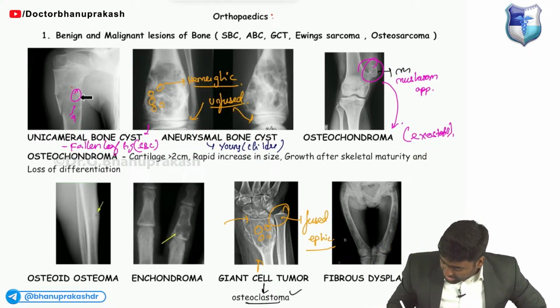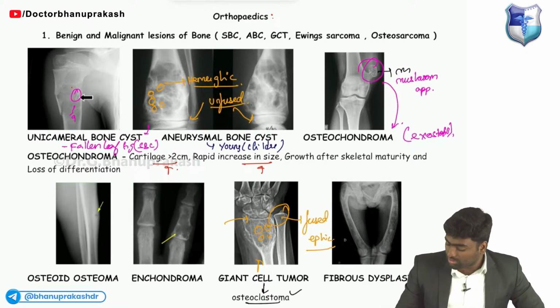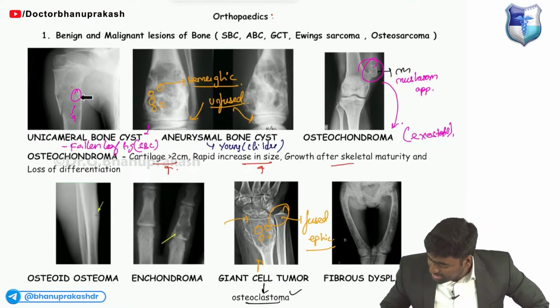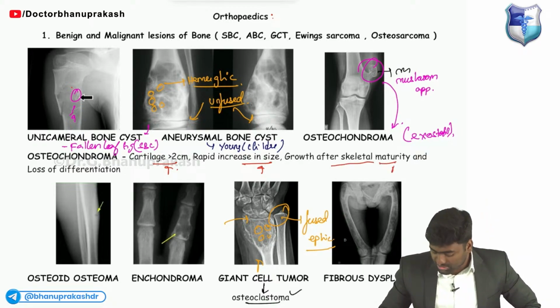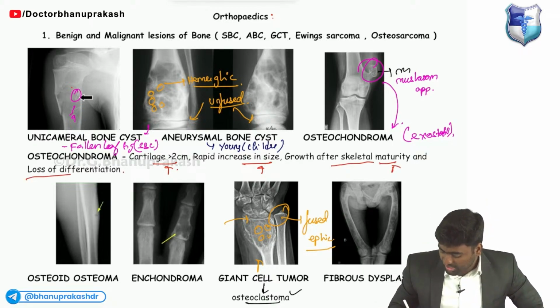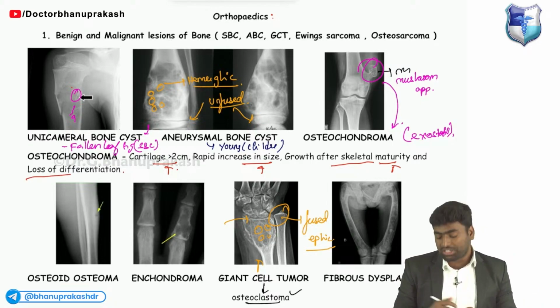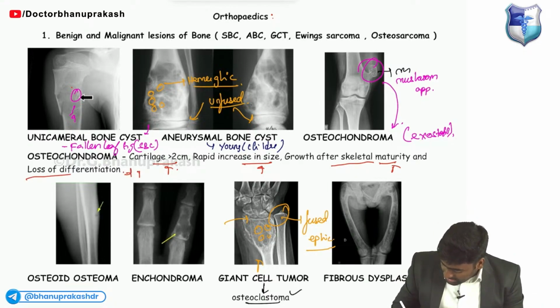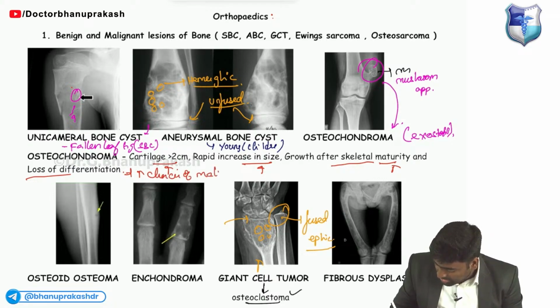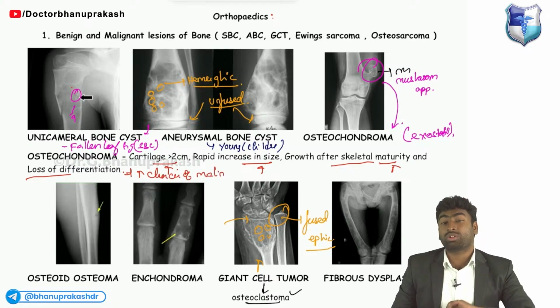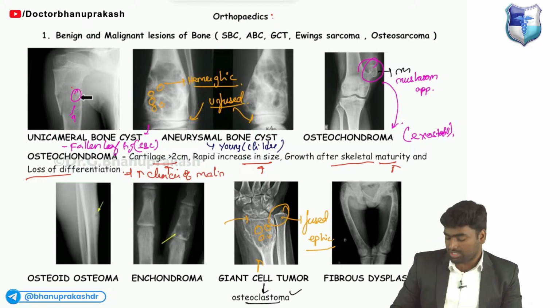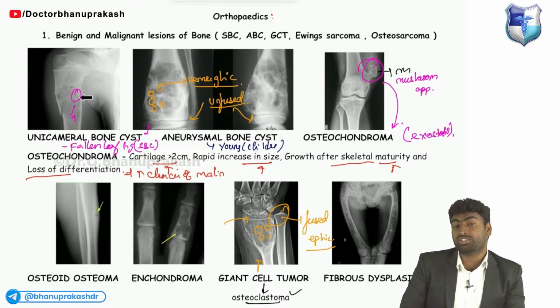If the cartilage cap is more than 2 cm, or there is very rapidly increasing growth, or growth that starts after skeletal maturity, and there is a loss of differentiation. All of these features increase the chances of malignancy. So if you get any of these in the question, you will think it is changing into a malignant one.